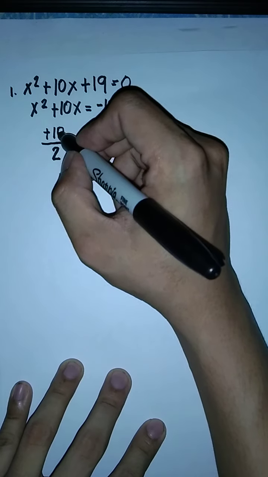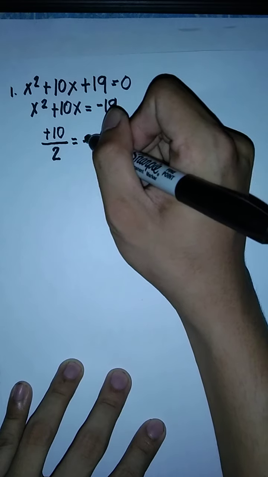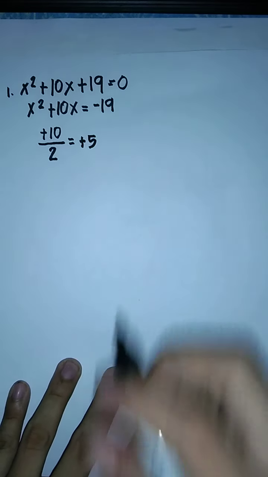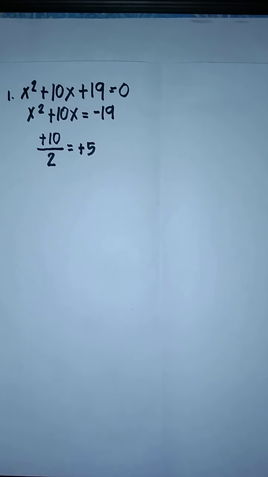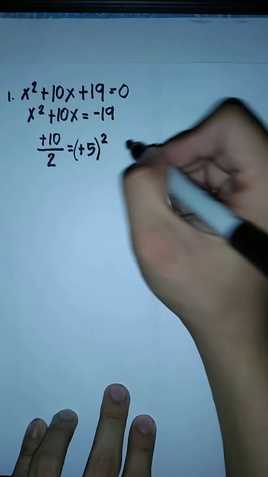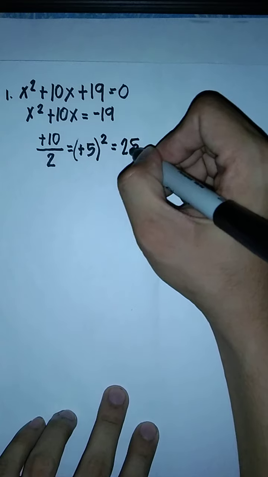So, positive 10 divided by 2, we have positive 5. And then, since meron tayong positive 5, gagawin natin ngayon dun sa positive 5 ay atin siyang i-squared or multiply natin siya sa kanyang sarili ng dalawa. So, positive 5 squared, we will have 25.